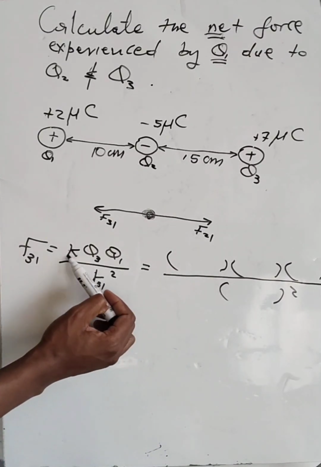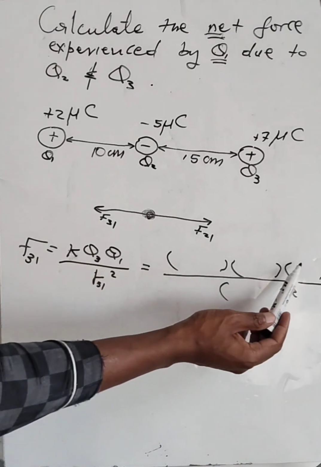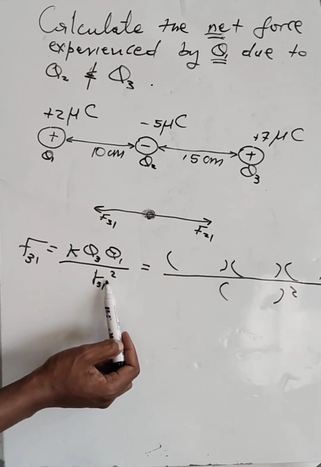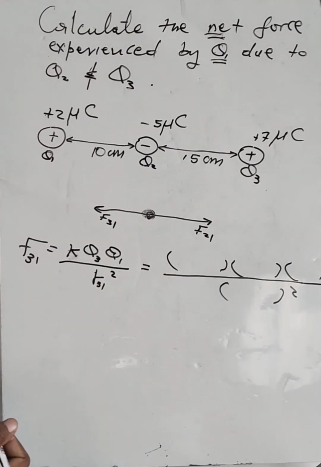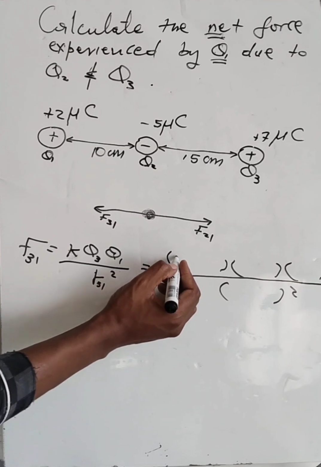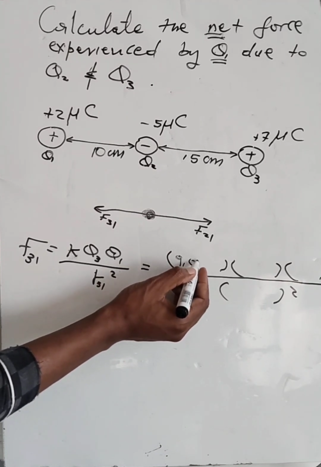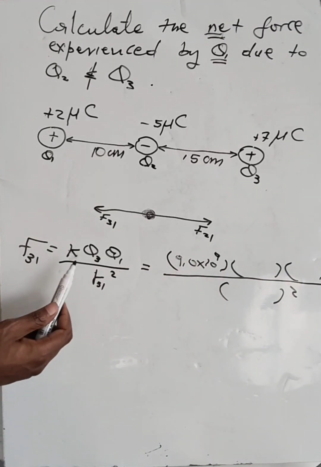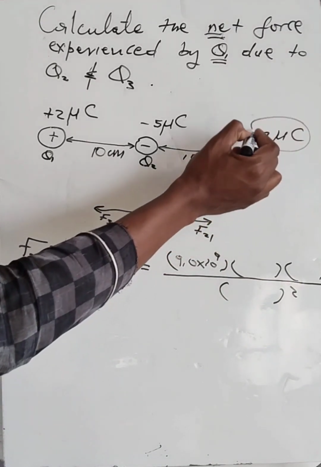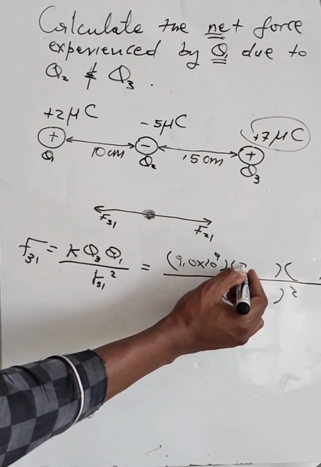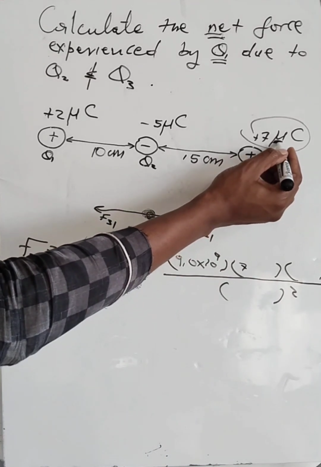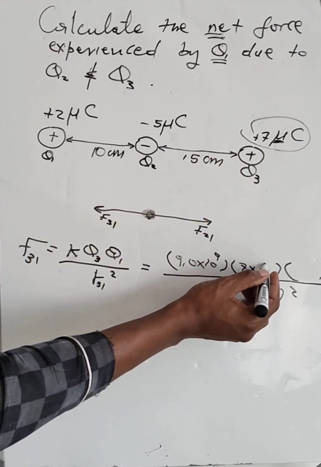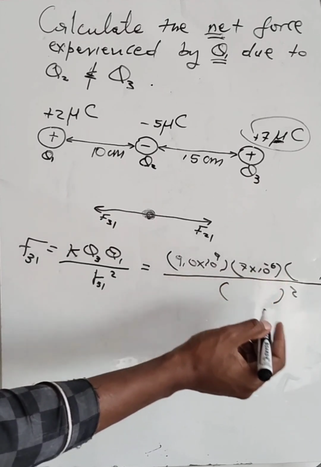Now let's substitute. K is a constant, 9,0 times 10 to the power 9. Q3 is 7, but there is this micro, so we convert by multiplying by 10 to the power minus 6.